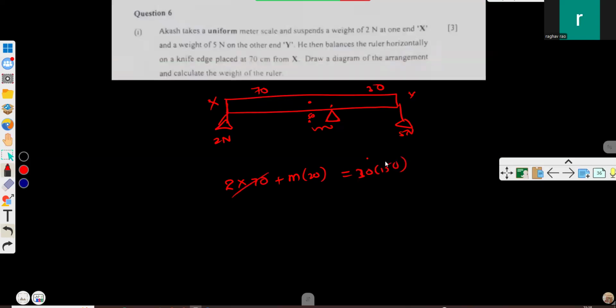So this is 140, this is 150, sorry, 5. This is 150. So 20 m is equals to 10. So m is equals to 1 by 2, that is 0.5 Newton. This is the answer. So the answer is 0.5 Newton for this case.